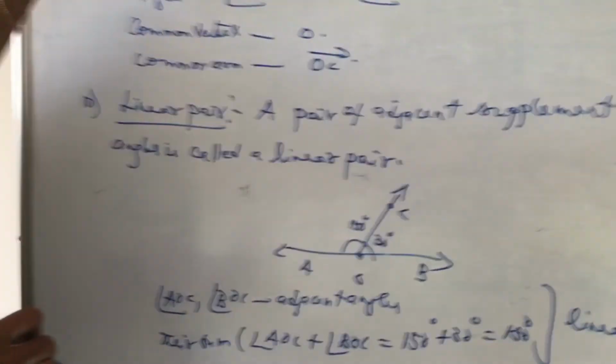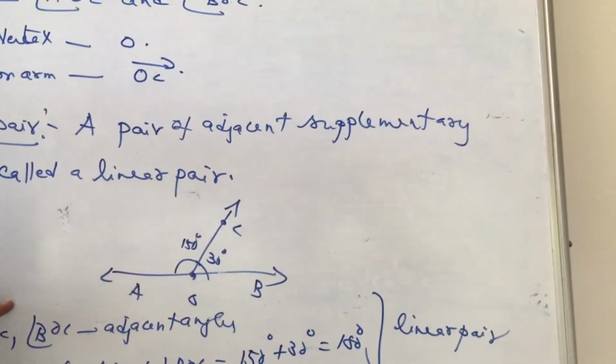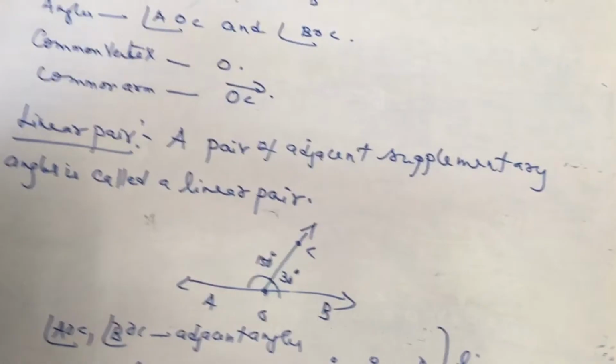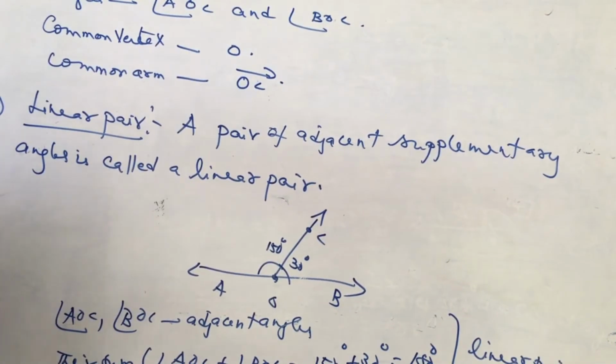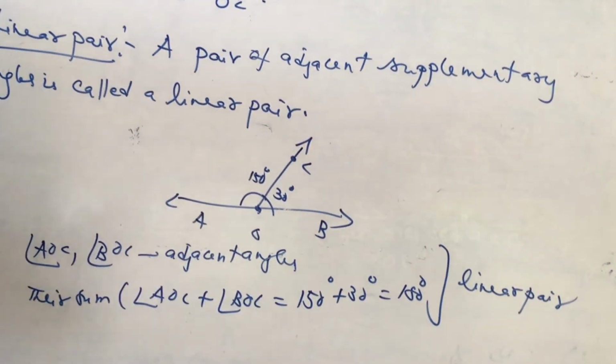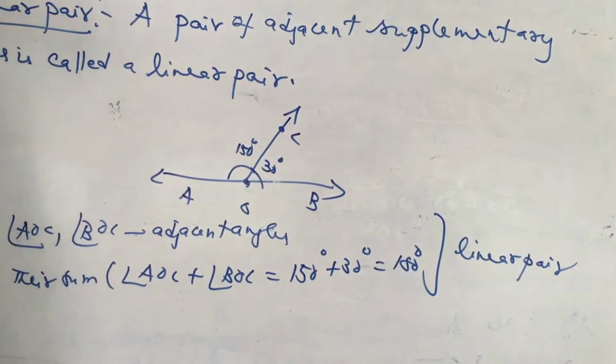Every adjacent angles pair cannot be a linear pair, but a linear pair can be adjacent. All adjacent angles are not linear pair, but all linear pair angles are adjacent angles.